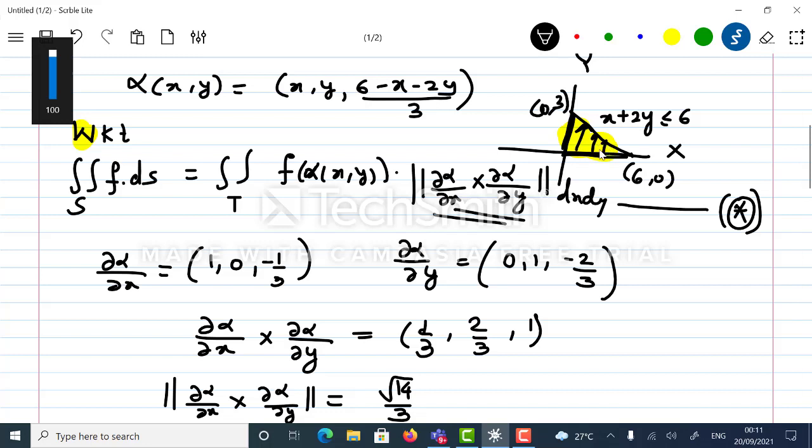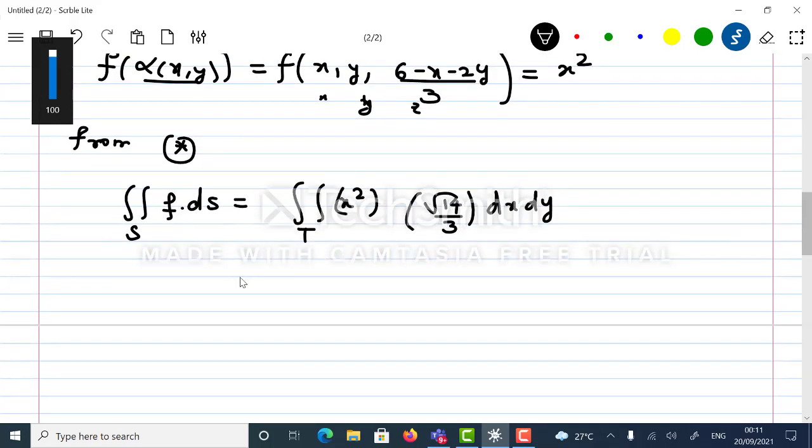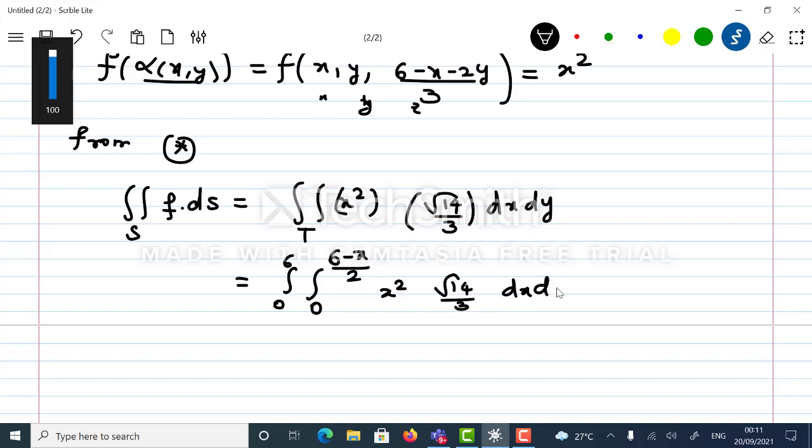So x will be from 0 to 6 and y will start from 0 and will end on this line. The equation of this line is y equal to (6 minus x) upon 2. So let me write down this. It is the integral from 0 to 6, 0 to (6 minus x) divided by 2, of x square root 14 upon 3 dy dx. Sorry, the order of integration will be dy dx, not dx dy.